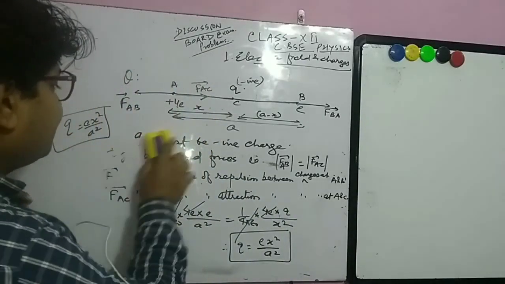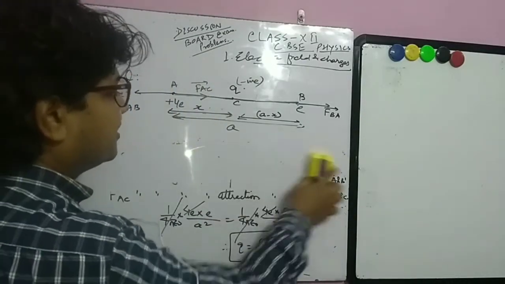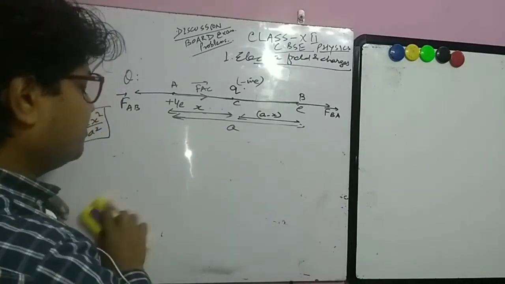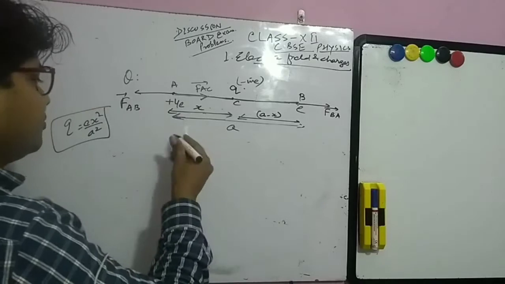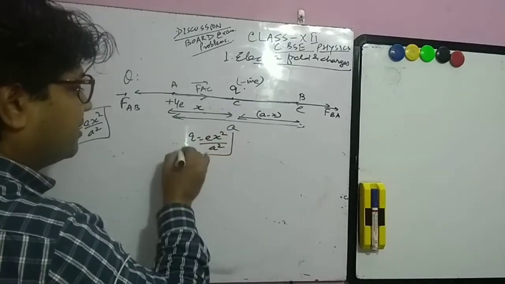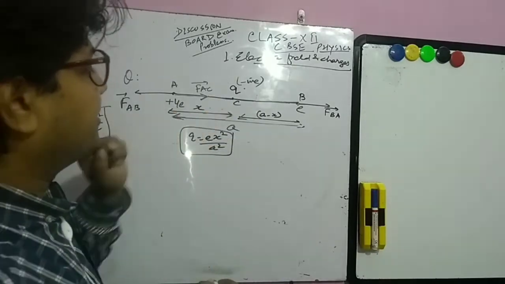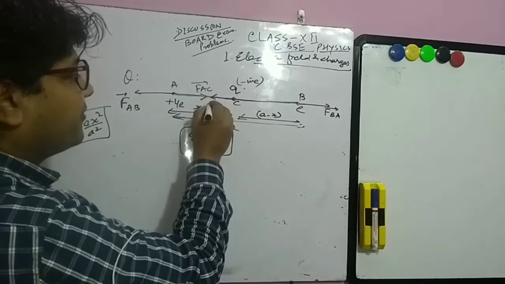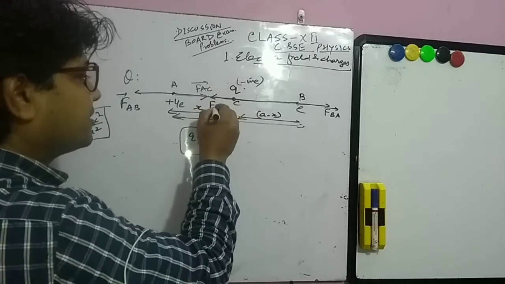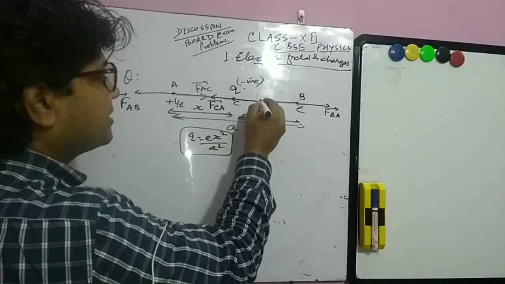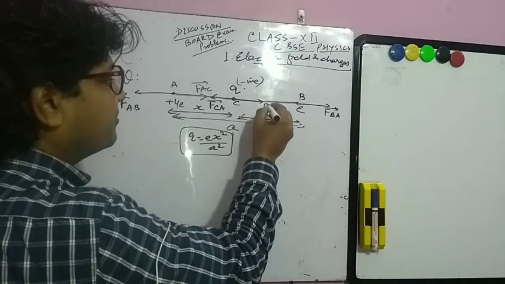Now what we have to do next. We are getting here Q is equal to E x square by A square. Now this charge will develop a force of attraction, that is, this we can say FCA, and this we can say FCB.